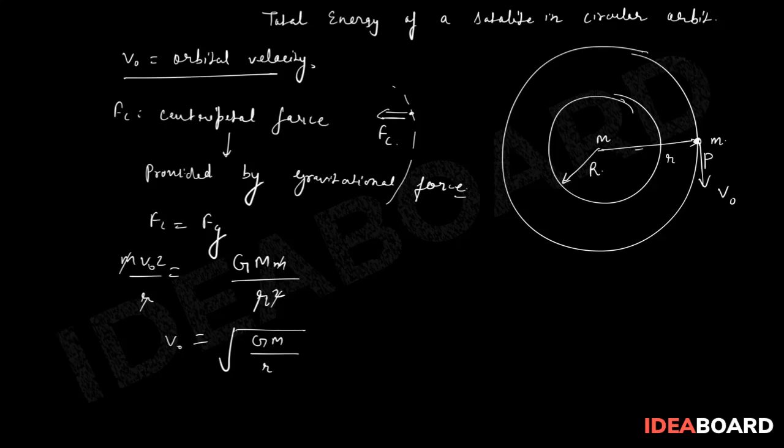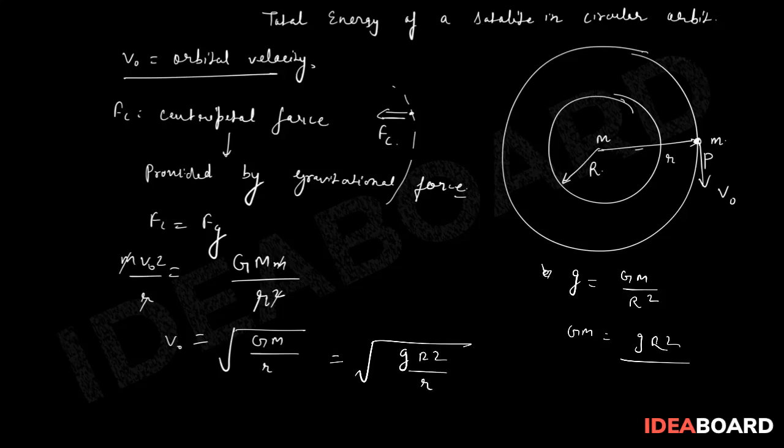Here we know that g is equal to GM upon R square, so we get GM is equal to g R square. So we can substitute here and we achieve g R square upon r.